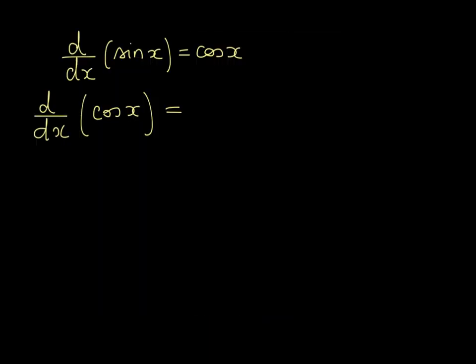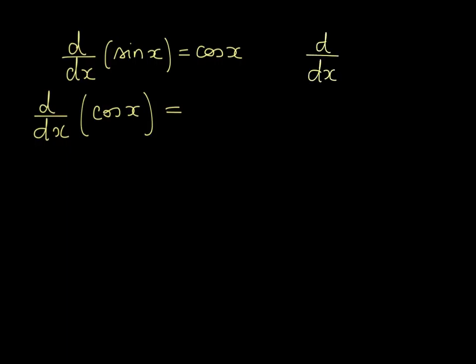How are we going to find out the derivative with respect to x of cos x? I don't want to apply the first principles again, but you can try. It's a good practice. I would prefer to find this new knowledge based on the previous knowledge. Now I know how to differentiate sine x, and also we know the chain rule.